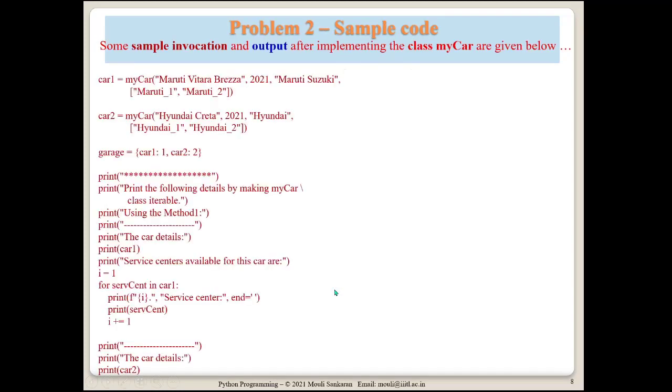Now I'll give you the sample code. This is my car creation. I do a garage creation, then I print the details of the car. This will be using the str, and I want to print out 1 something, 2 something, so I am using the i, and doing all this so that I print the way I want it.